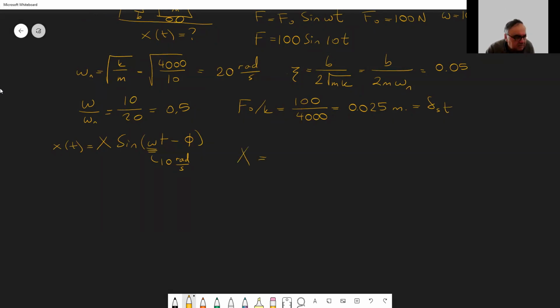The amplitude x is equal to, from our formula, F0 over k divided by the square root of 1 minus omega over omega n squared, squared, plus 2 zeta omega over omega n squared.